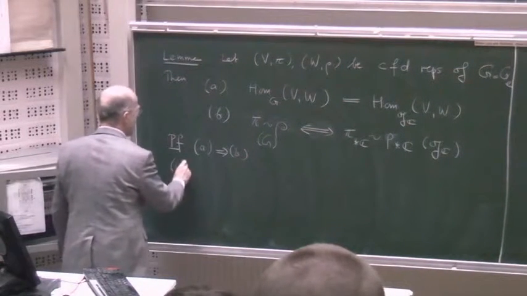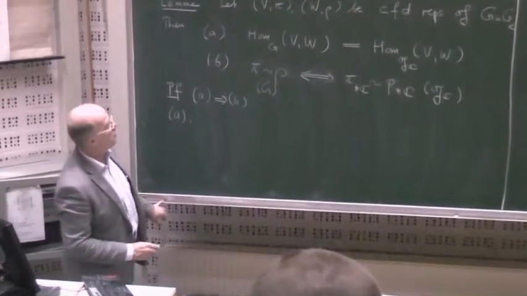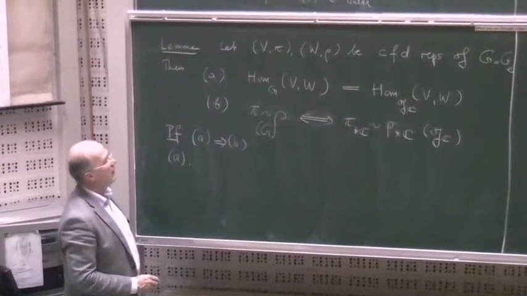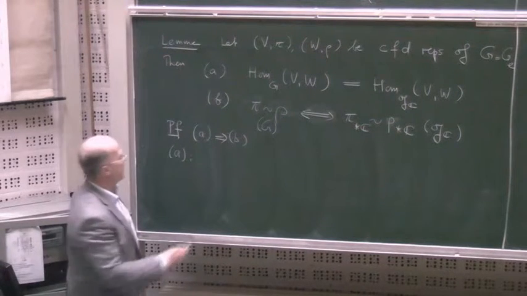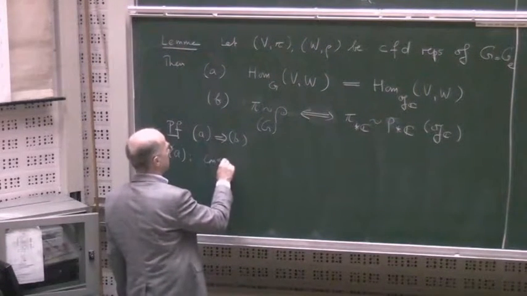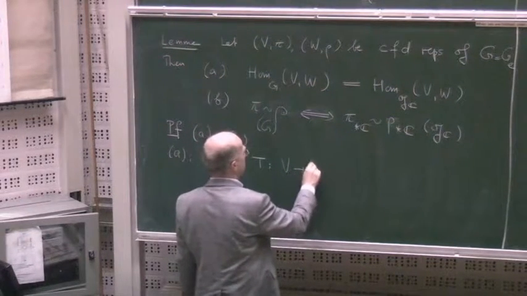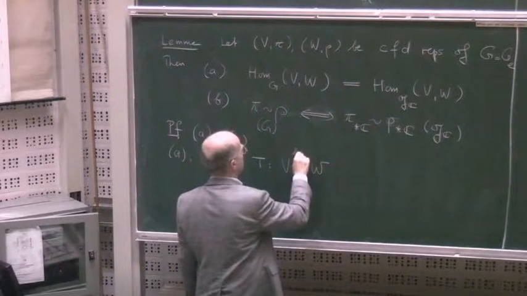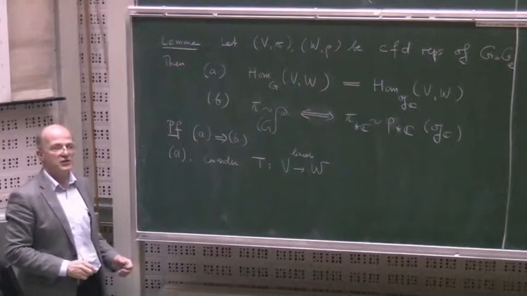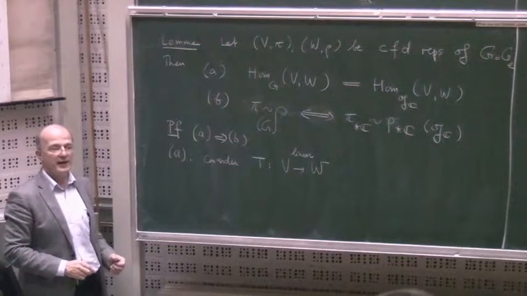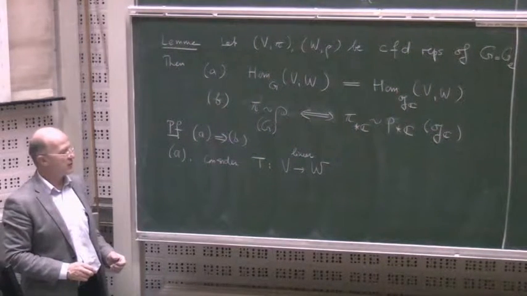And for A, well, what we have to do is show that if we consider a map T from V to W, linear map, and now what we have to show is that this map is intertwining for the representation G, if and only if it is intertwining for the GC module structures.